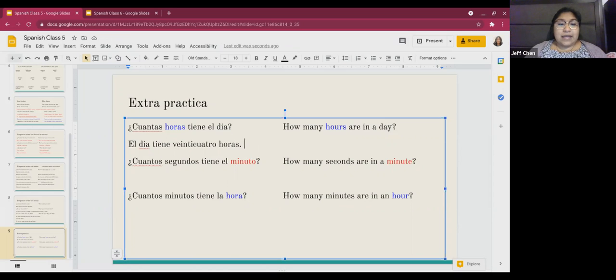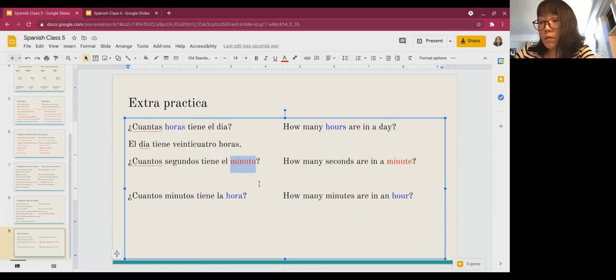El día tiene 24 horas. Muy bien. Now the next question is, ¿cuántos segundos tiene el minuto? So what do you think minuto means? Minute. Minutes. Muy bien. So what I'm asking here is, how many seconds are in a minute?